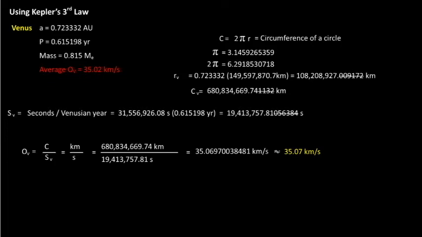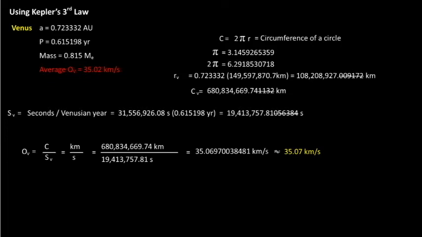Now we calculate the orbital velocity, which is the circumference, c, that hasn't changed. I tried to keep my algebraic symbols consistent, so c is always going to equal circumference, divided by SV, which is explained right above that, which gives kilometers per second.